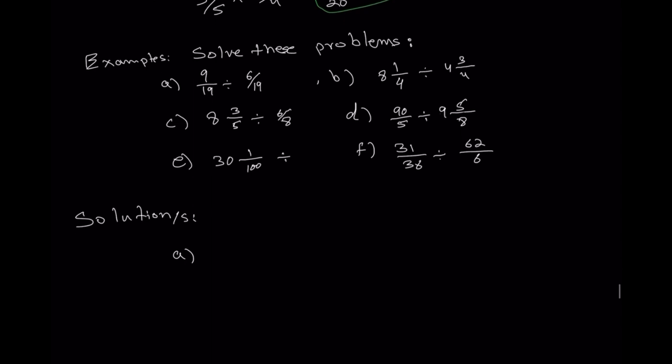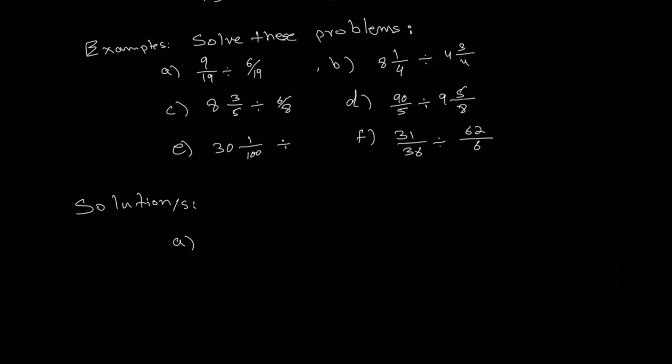Example, solve these problems. This time I'll solve A, B, and D. You guys do the rest. You guys solve C, E, and F. I'll solve A, which is 9 over 19 divided by 6 over 19.